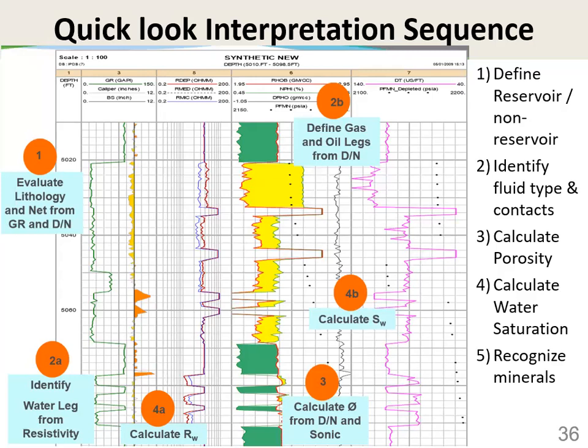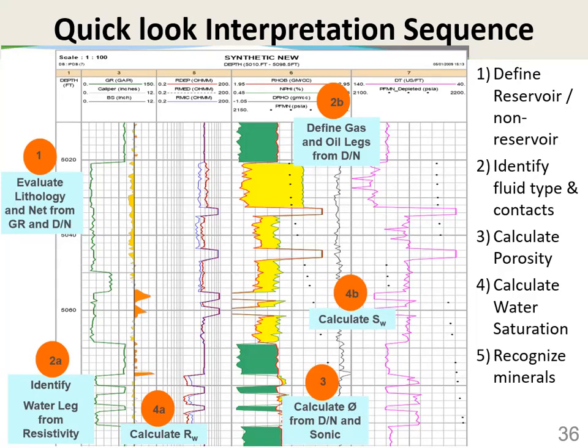Now, that said, these are the steps which we'll be using for quick look interpretation. One is to evaluate lithology, determine the net sands from gamma ray and the density neutron. Two, identify the zone with water. That's 2A. 2B is to define contacts.